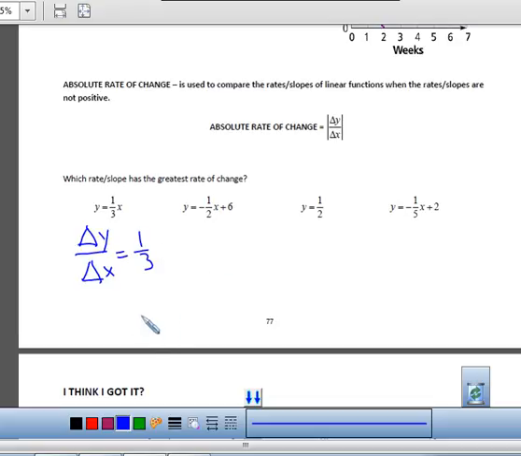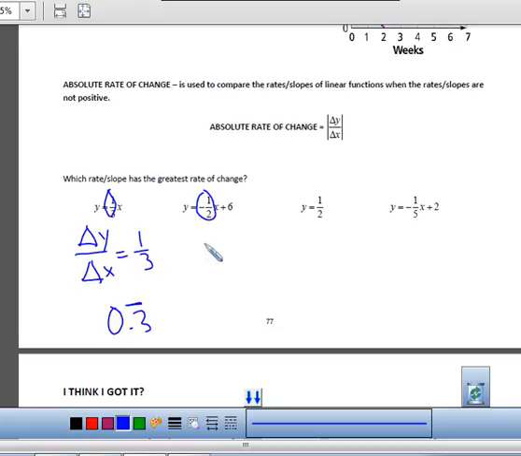Now, sometimes it helps, like I said, to treat it like a decimal. 0.3 repeating. Because when we're comparing numbers, if they're in fractional form, then we would have to have a common denominator. So the next one, the rate of change is in front of x.